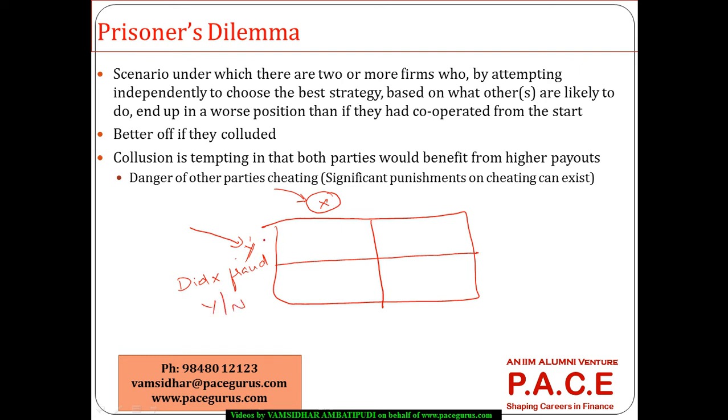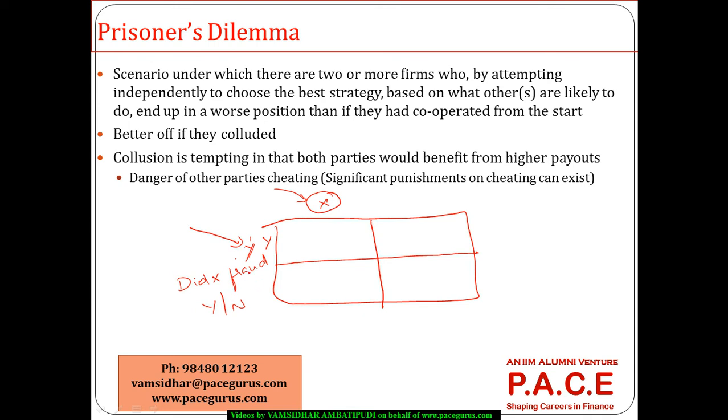If he says X has done the fraud, probably X is going to get some punishment, and Y is going to be better off.